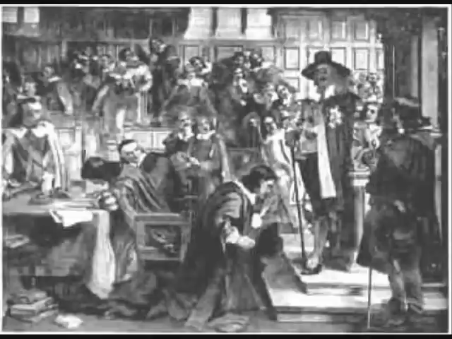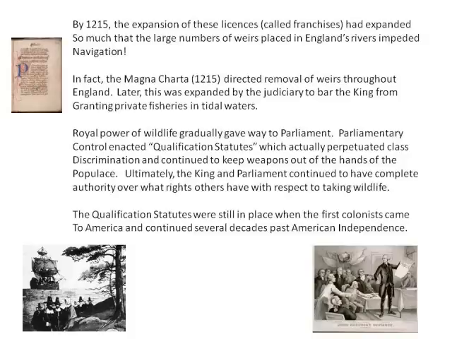In order for you to take wildlife, you had to be qualified to take that wildlife. To be qualified meant that you were wealthy, or that land was prescribed in a statute, so because you had money, you were qualified to take wildlife. All this did was perpetuate the problem, and class discrimination proliferated in England.